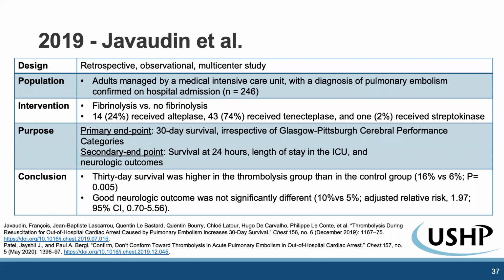And then also looking at the good neurological outcome, it was not significantly different when comparing the two categories, in which we see 10% versus 5%, and we have an adjusted relative risk of 1.97. And so from this study, we were able to see that by administering fibrinolytics we were able to achieve ROSC, as well as have a 30-day survival rate in our patient population here. And so this is also in support of fibrinolytics throughout.